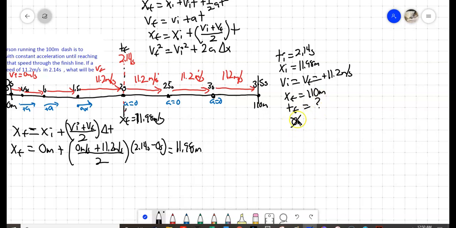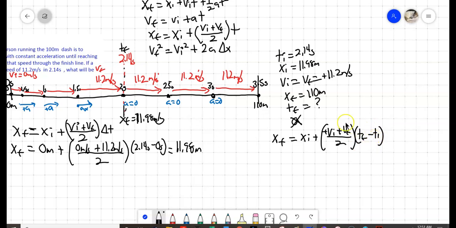Again, we don't have acceleration, so I think our best shot is to use the same equation. So x final, which is going to be 110, equals x initial, plus (vi plus vf) all over 2, times t final minus t initial.